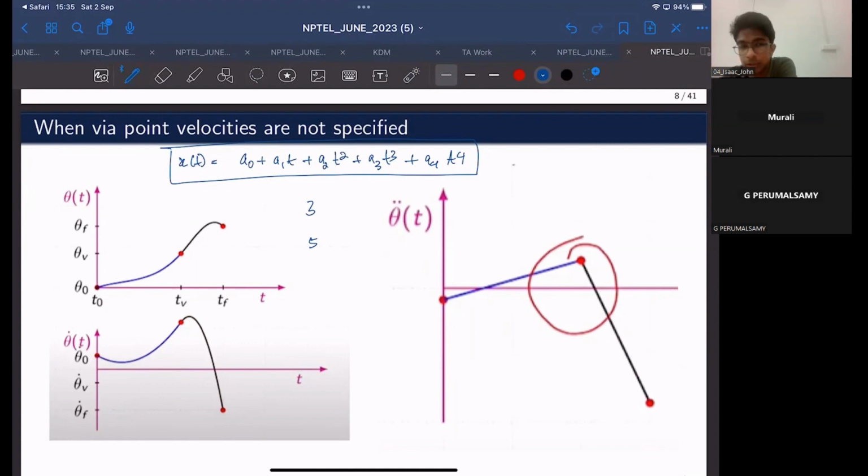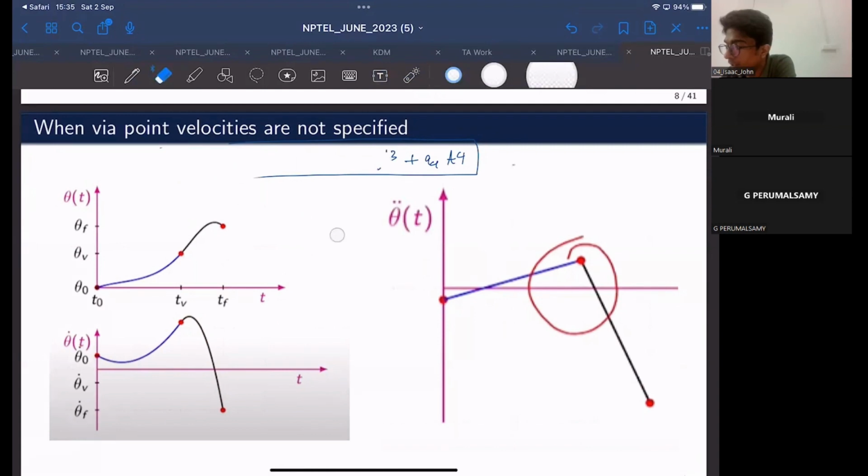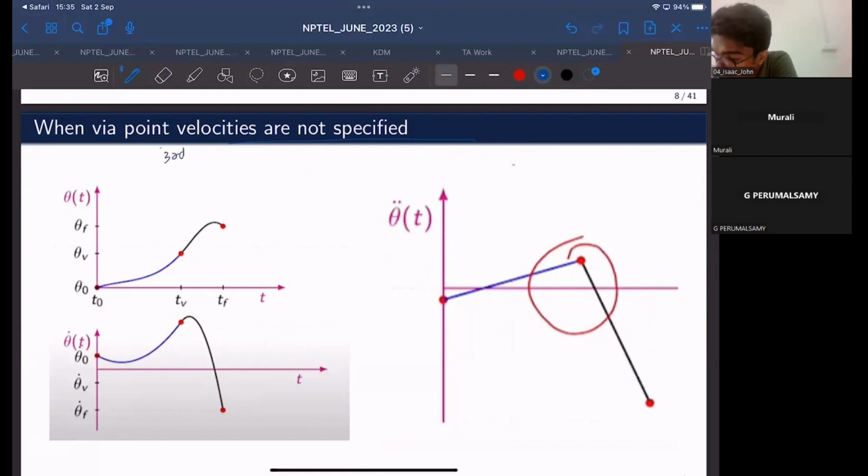Because if you consider a third order polynomial, I'll write it over here. Third order polynomial would look something like a0 plus a1t plus a2t square plus a3t cube.